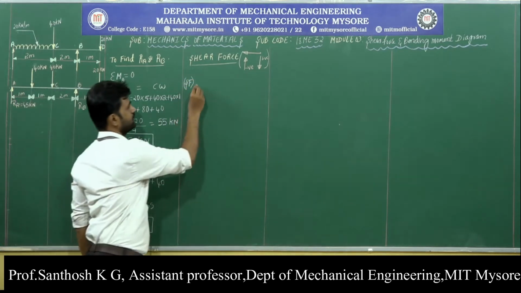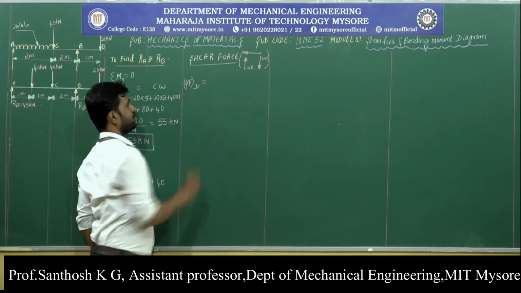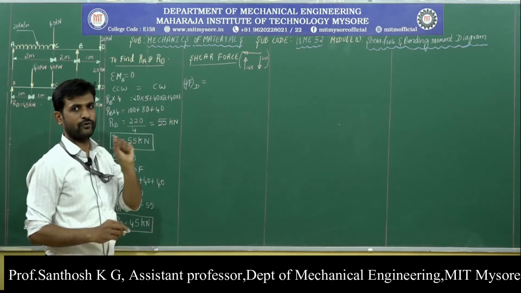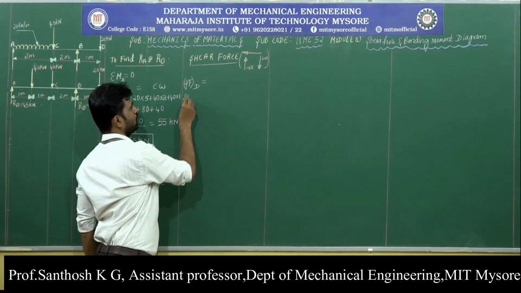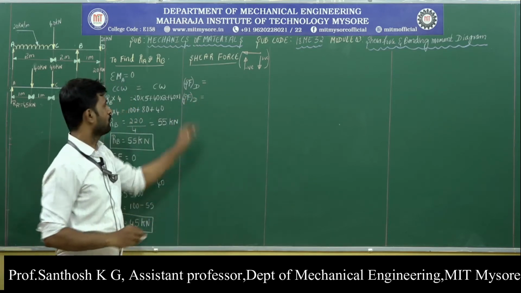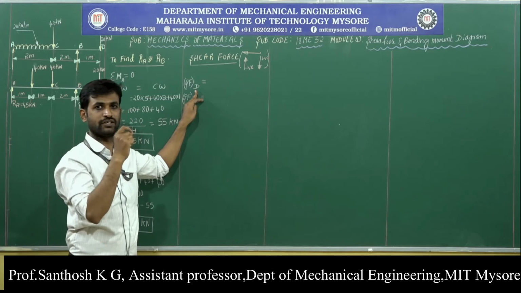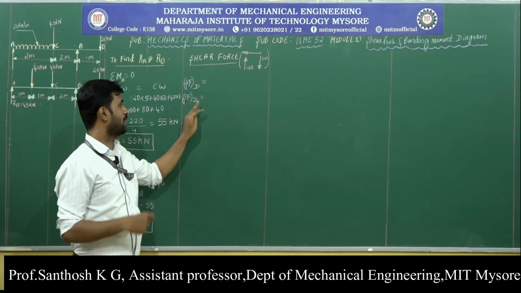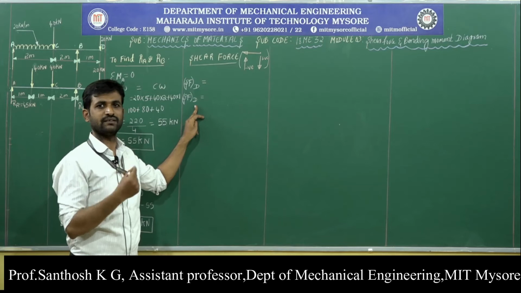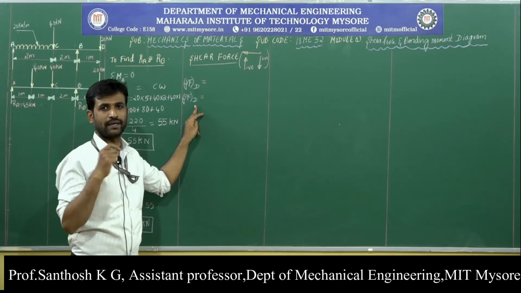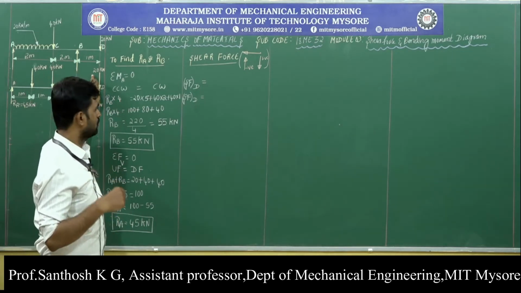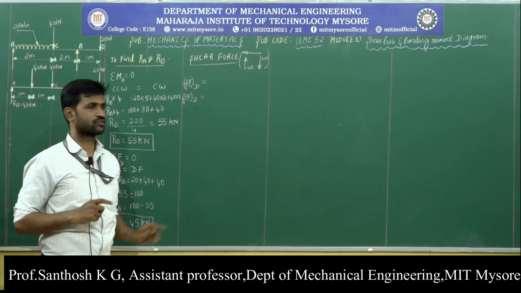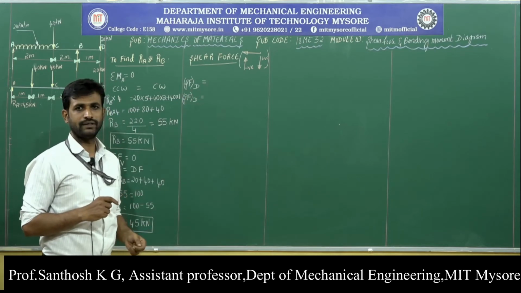The first point is D. If we have a point load at a salient point, then I need to find two values of shear force at that point: one by neglecting the load acting at that point, and second by considering the load acting at that point. Since at D we have one point load, we will find two values of shear force at point D.